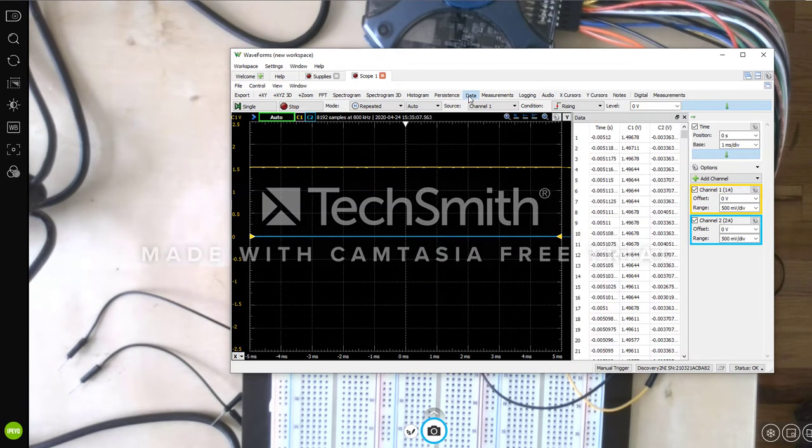We can see in the C1 column that it's somewhere between 1.49 and 1.5.